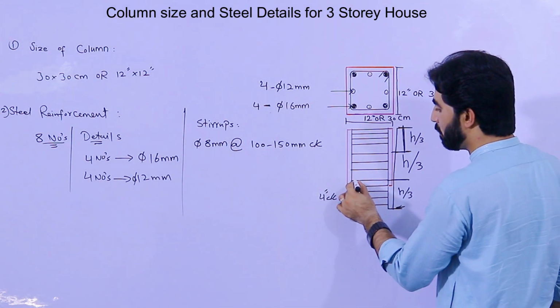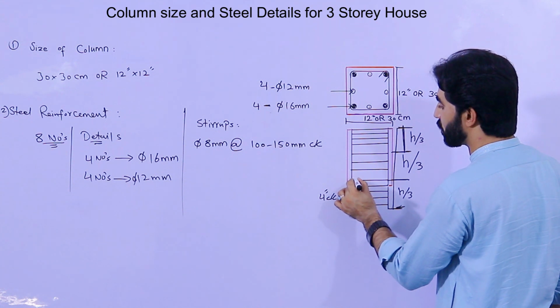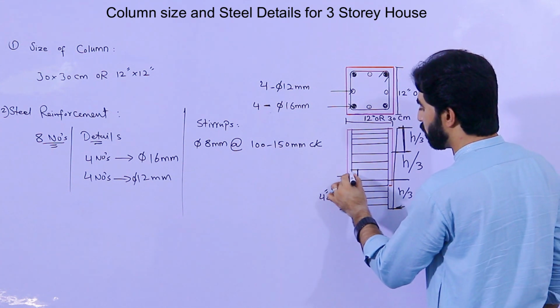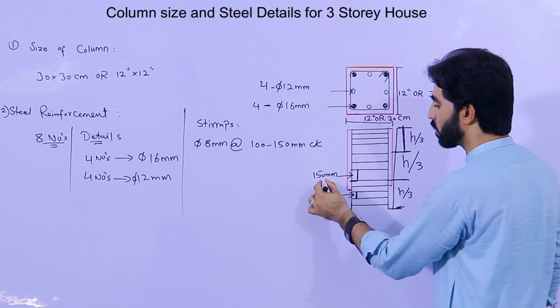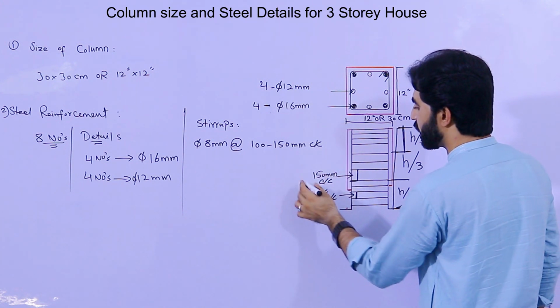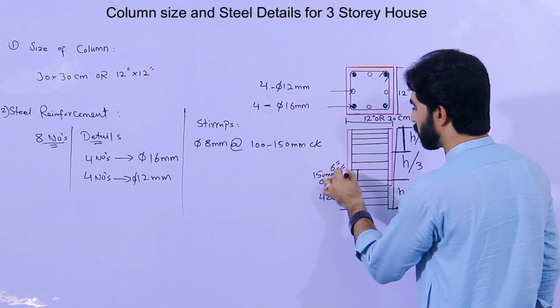And after the l by 3 distance, the spacing should not be more than 150 mm center to center, or you can say 6 inches C/C.